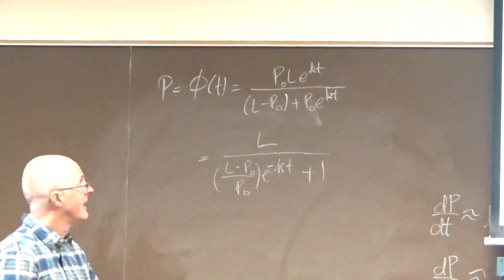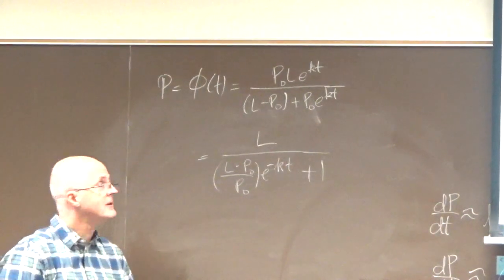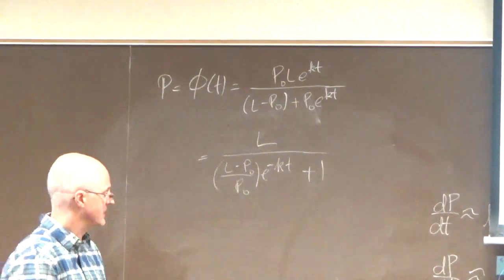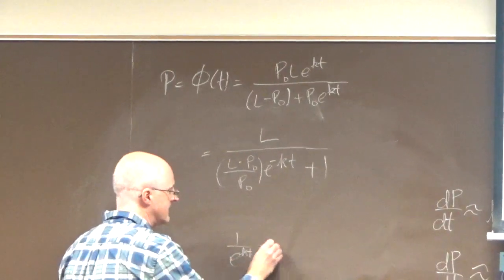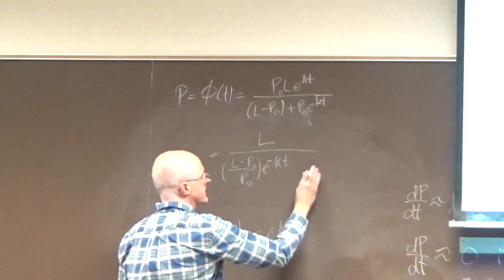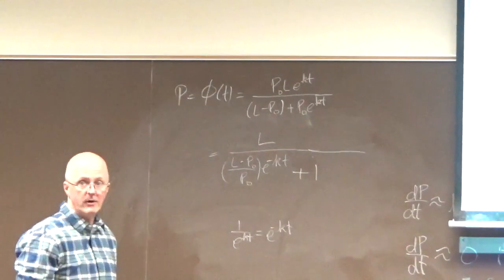What did I do again? I divided the top and the bottom by P0, and I also divided the top and the bottom by e to the kt. When you divide by e to the kt, it's the same as multiplying by e to the negative kt. This is plus 1, plus 1. That's a little bit more typical way to write it.